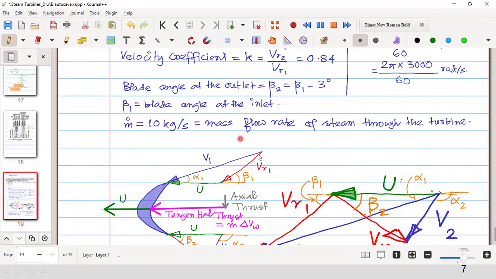For this triangle, if you consider, so this quantity is equal to V1 sine alpha 1 is equal to VR1 sine beta 1. Okay.